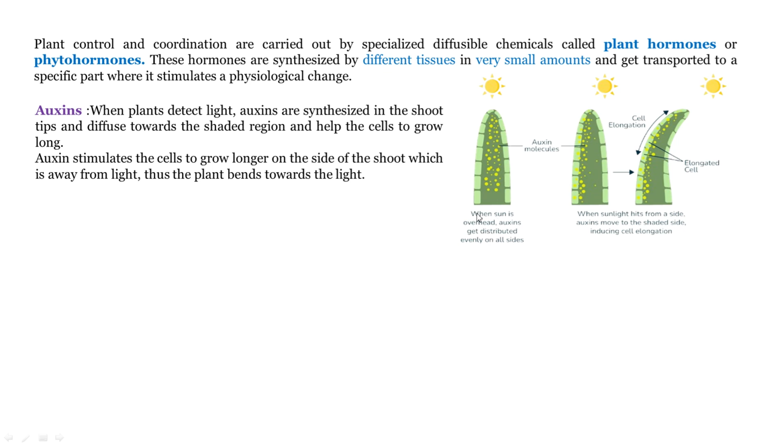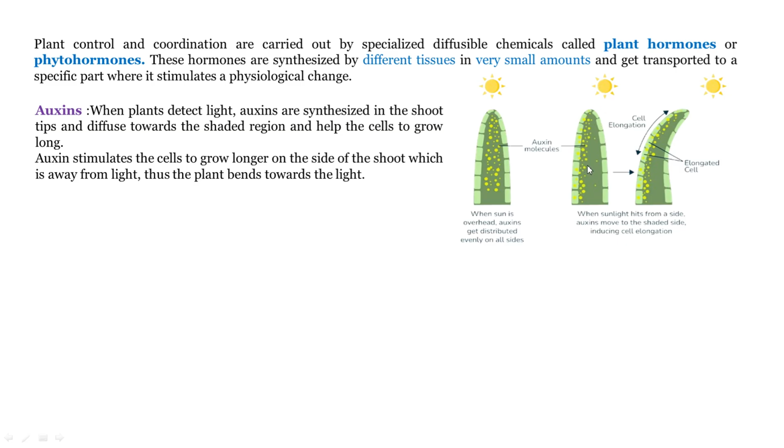When the sun is overhead, auxins get distributed evenly to all sides of the plant, and the plant grows steadily in a specific direction. But when the plant receives light from one side and the other part is shaded, all the auxin molecules move towards the shaded part.